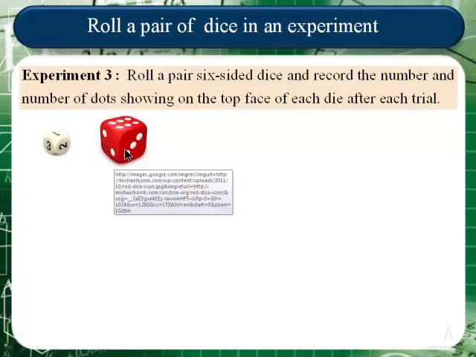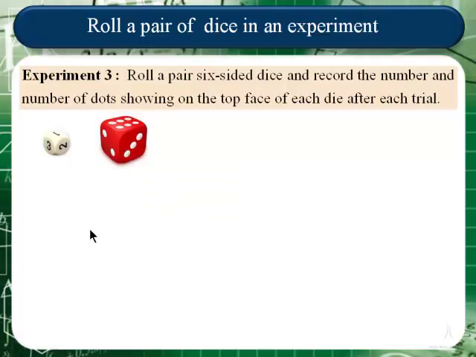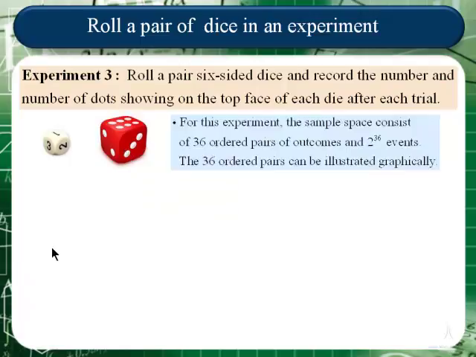What we record here is the pair of outcomes. In this particular experiment, for each trial, we record the pair of outcomes. For this experiment, the sample space consists of 36 ordered pairs. You see there are 6 outcomes there and 6 outcomes there, so 6 times 6, that's 36.